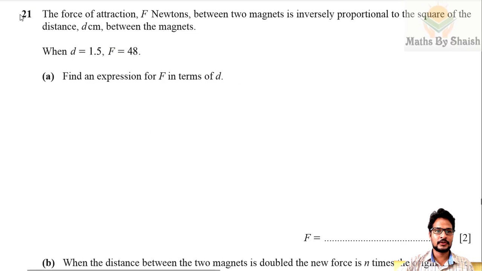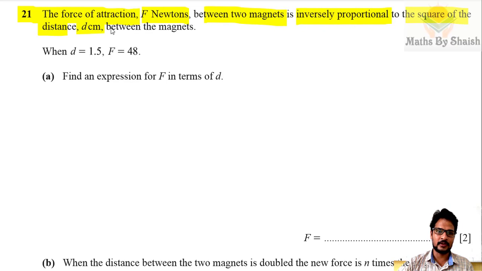Here's the 21st question. The force of attraction, F newtons, between two magnets is inversely proportional to the square of the distance d centimeters between the magnets. When d is 1.5, F is 48. First part is to find an expression for F in terms of d.